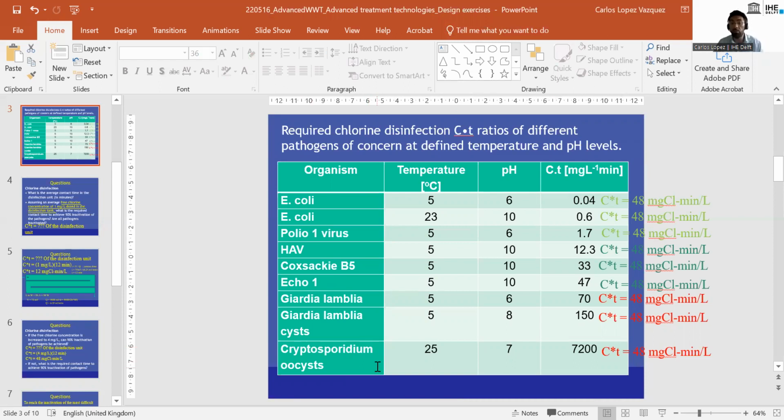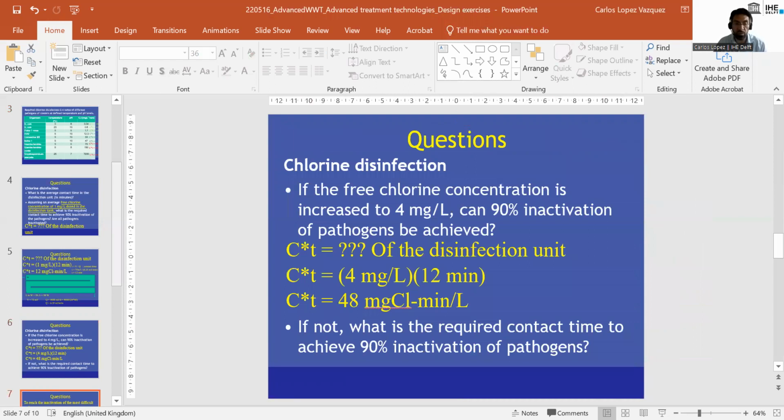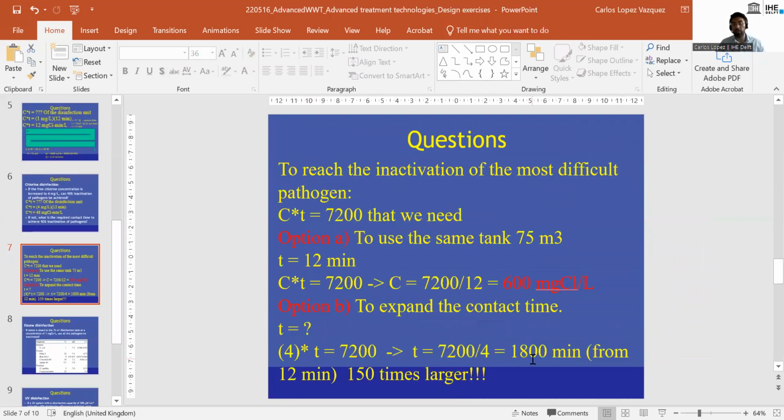But if we want to remove everything, including Cryptosporidium, using the same concentration of chlorine of 4 milligrams per liter, then the retention time has to be 1,800 minutes, but maybe not easily achievable.